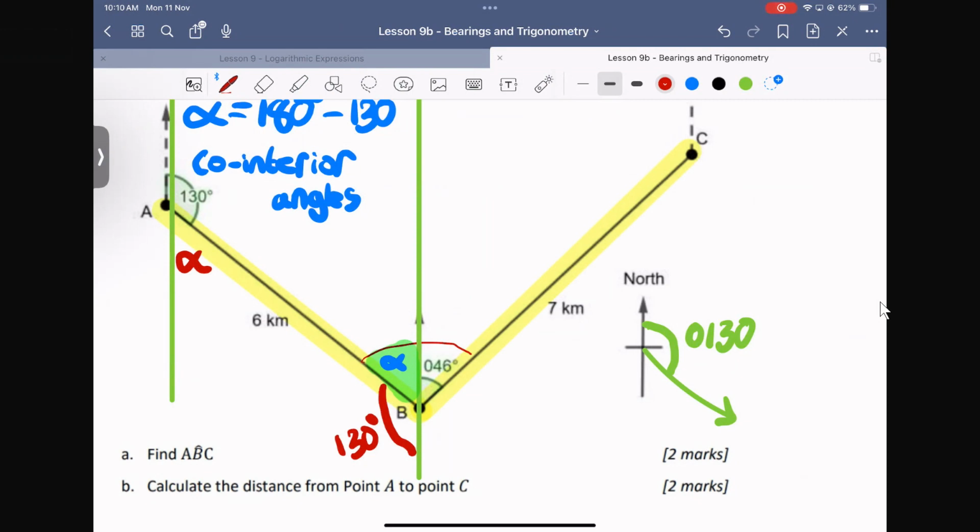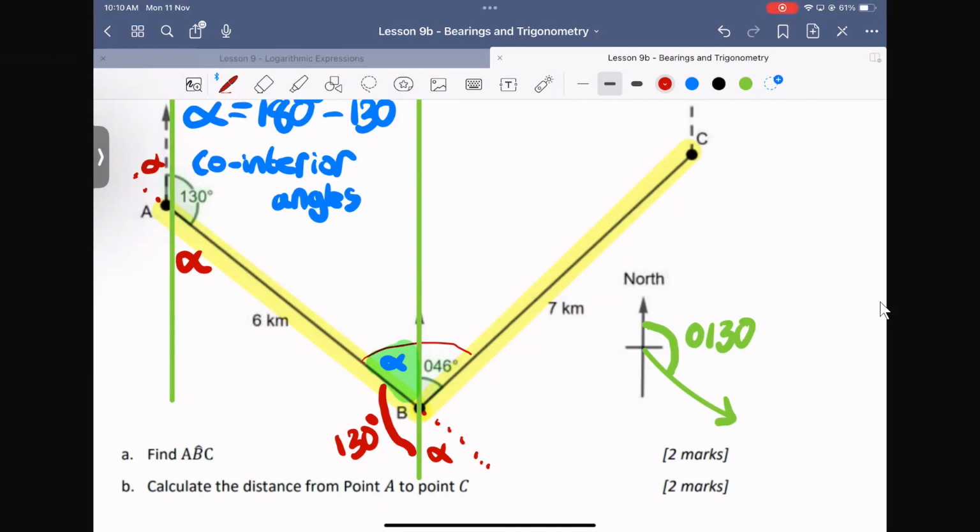I heard someone mention corresponding angles. So if we were to continue that line there, this one would be alpha, because these ones are vertically opposite angles. And if we were to continue this line here, this one would be alpha because these are corresponding angles. So all of that type of stuff helps.